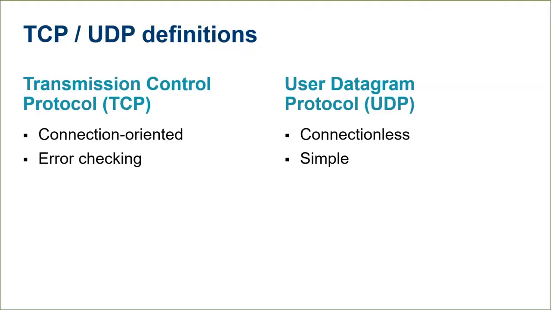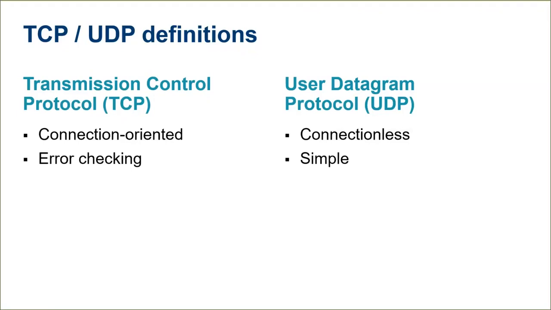TCP links are connection oriented, meaning that the connection is established and held until all the communication ceases. Because of the additional overhead associated with TCP, bandwidth resources are consumed by error checking and excessive message acknowledgments.